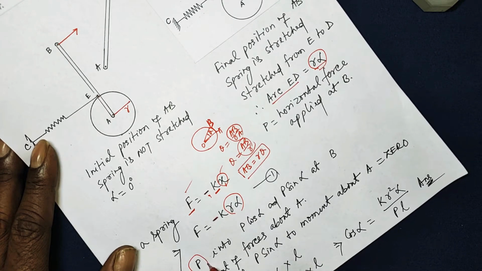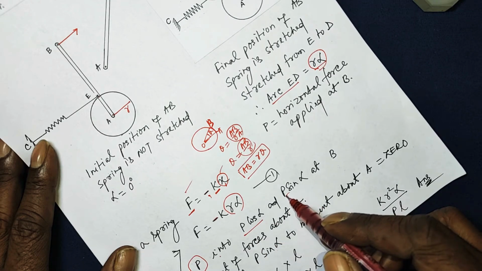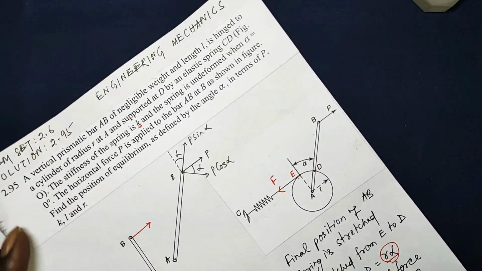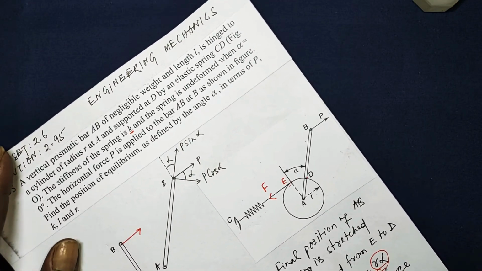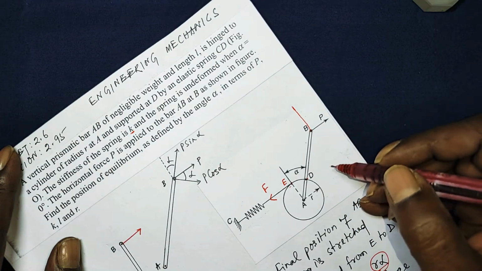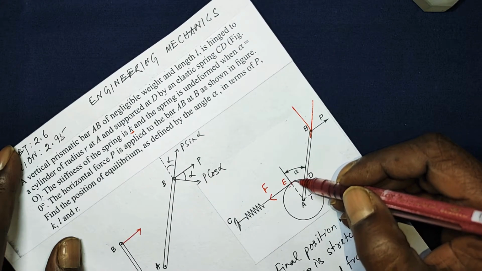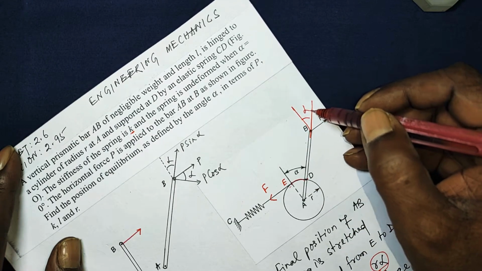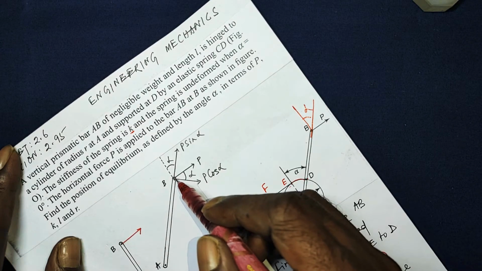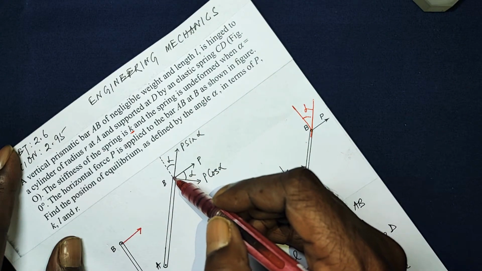Now resolve P, the applied force P at B, into P cos alpha and P sin alpha. So let me show you here. At this point, if you draw a vertical line like this and another line like this, since this angle is alpha, this will also be alpha. So that is what I have shown here. Now P is horizontal and this dotted line is vertical.